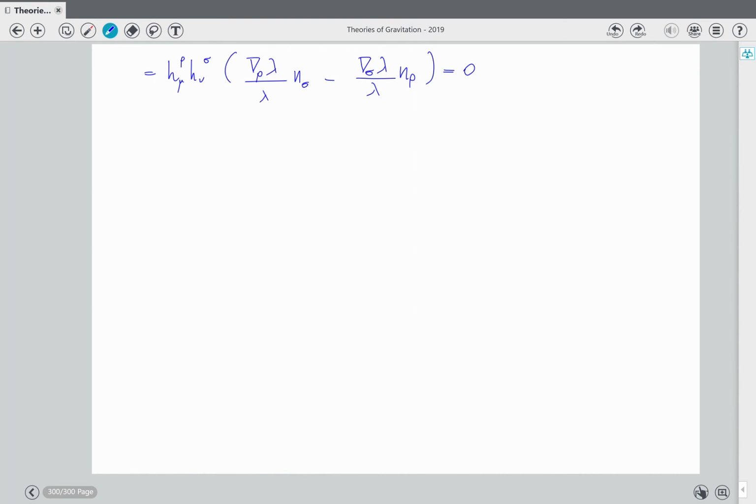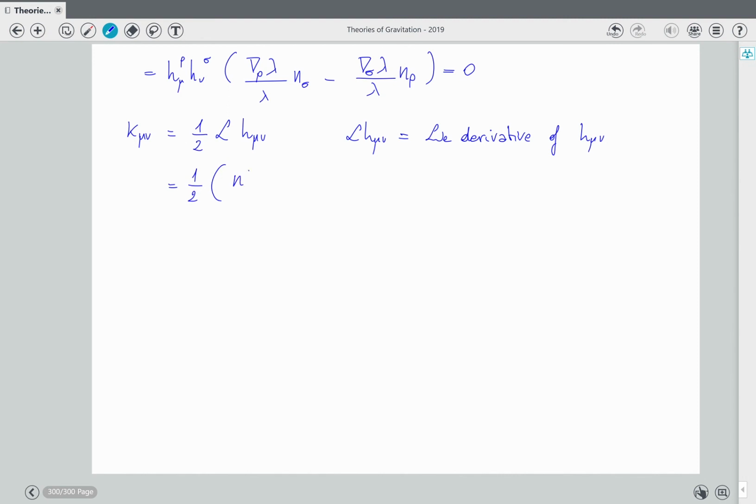Not only that, K_{mu nu} is 1/2 the Lie derivative of h_{mu nu}. Let's recall what the Lie derivative is.